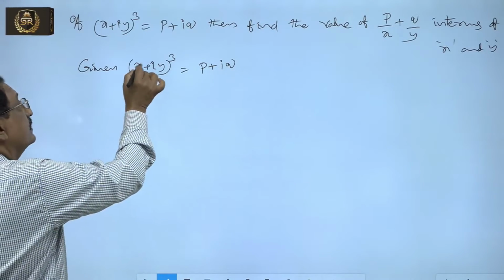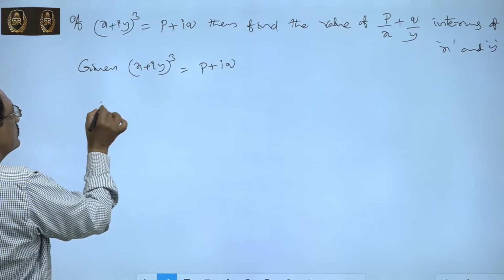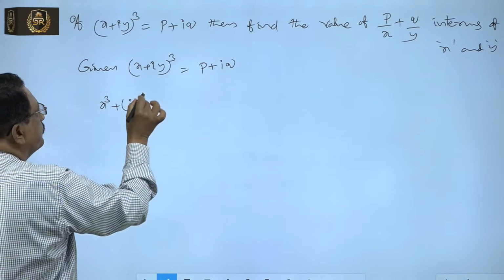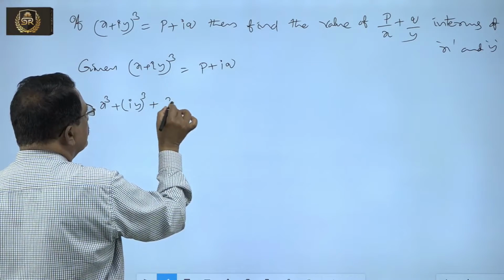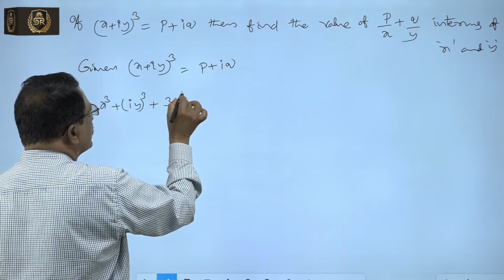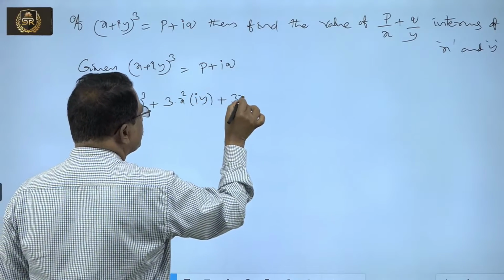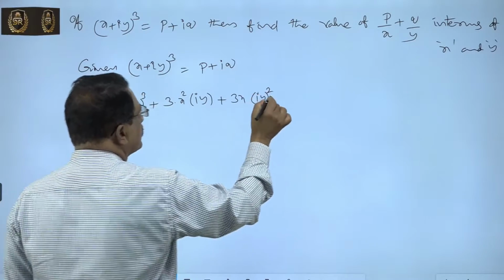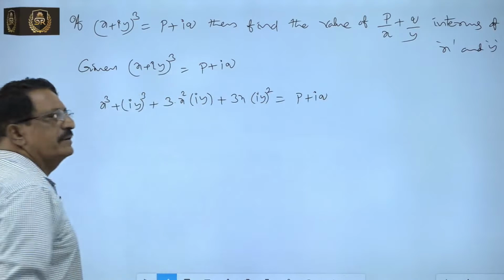Now, left side, using the (a plus b) whole cube formula, that equals x cube plus (iy) whole cube plus 3 into x square into iy plus 3x into (iy) whole square, that equals p plus iq given.